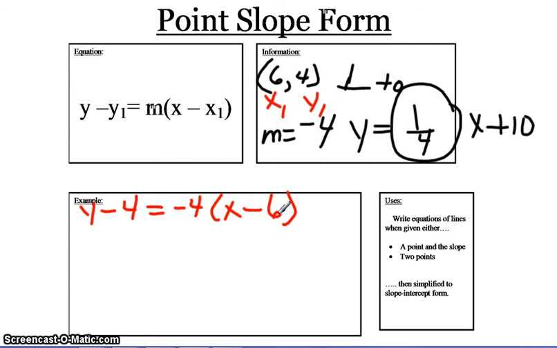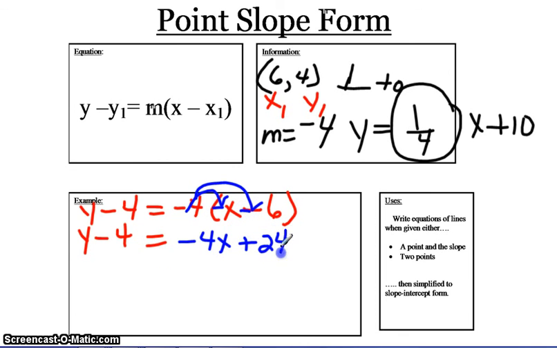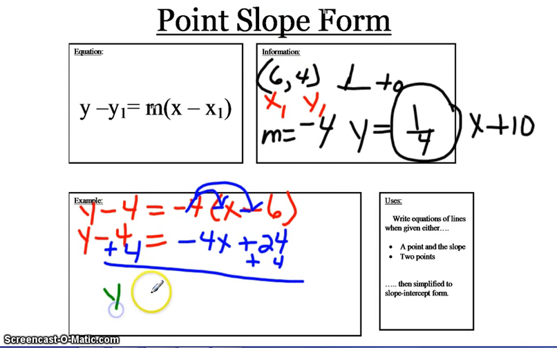There it is in point slope, and now I want to simplify. y minus 4 equals, don't forget I'm going to distribute, so I have negative 4x plus 24. I'm going to add 4 to both sides. So the equation of my line is y equals negative 4x plus 28.